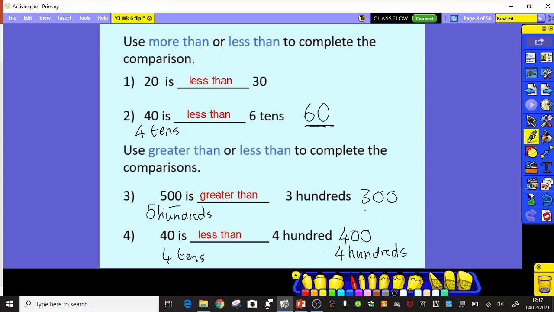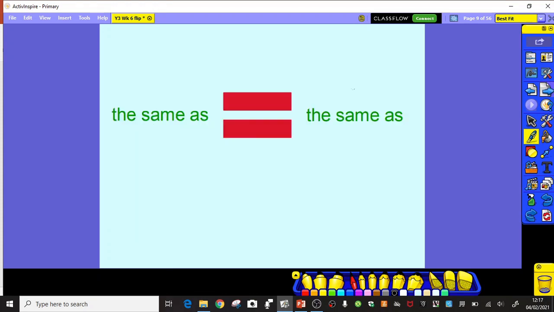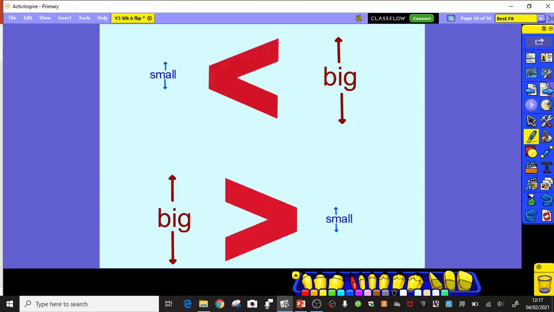Okay, so moving on. We've got the equal sign there. Remember, that means that the sides balance. The two sides are the same. Just a quick reminder of the symbols for greater than and less than.